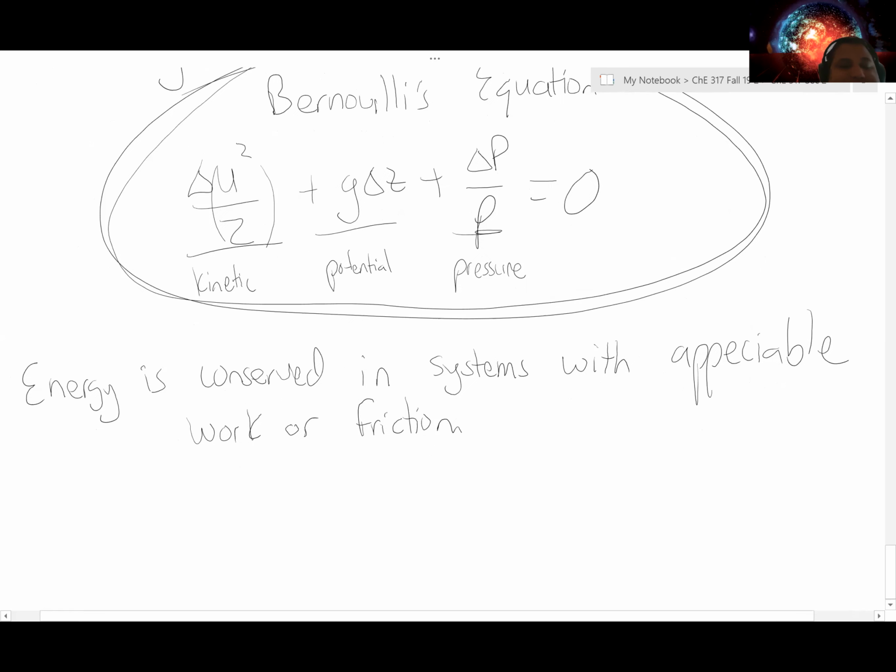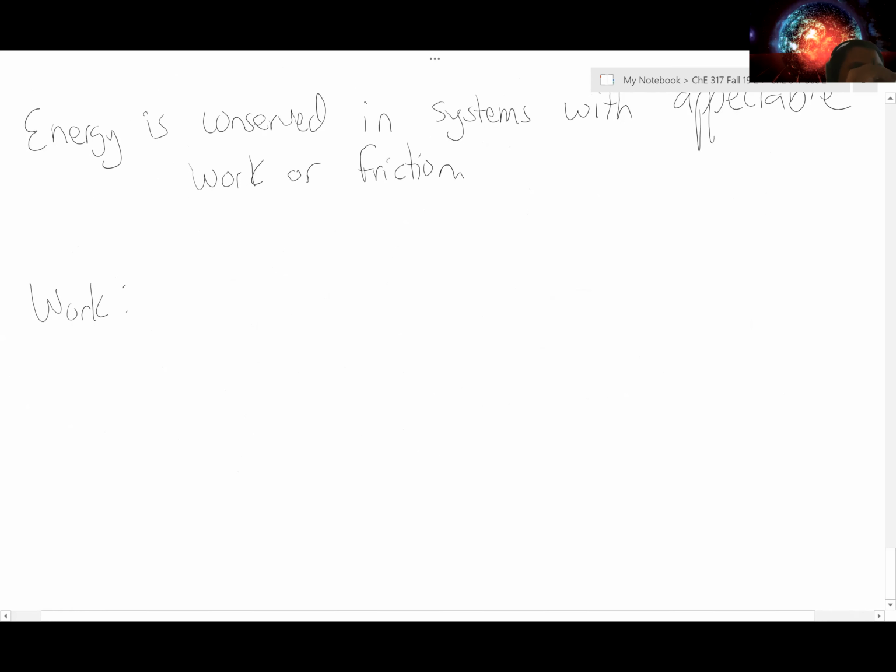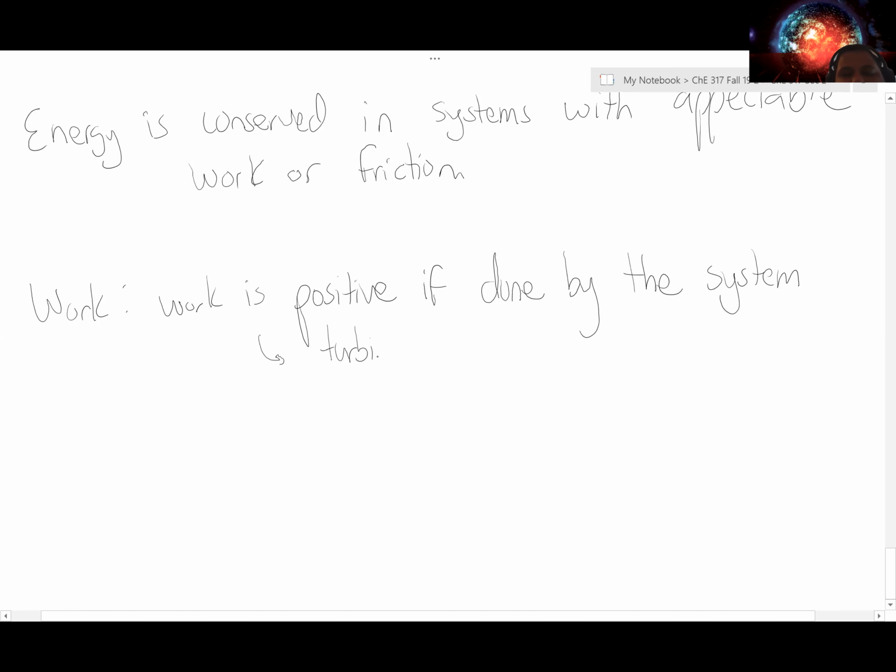Now, jumping back and touching base on work and the convention for work. Work is positive if done by the system. And what I mean by the system, I usually mean the fluid itself. So in this case, we'd be looking at a turbine, so to speak.